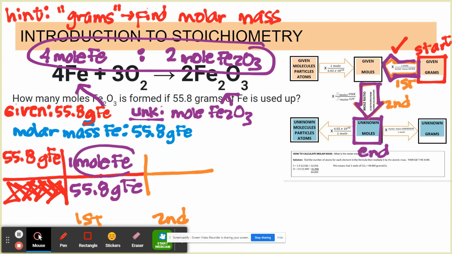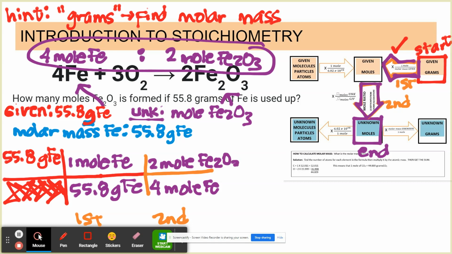So if this is mole Fe, the box across it should also be mole Fe. Okay, diagonally across. All right. So after thinking about it, you should know now that the 4 mole Fe goes at the bottom. Okay. And then the 2 moles of Fe2O3 goes at the very top.